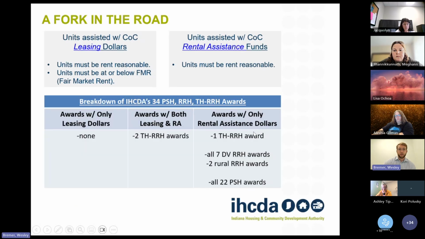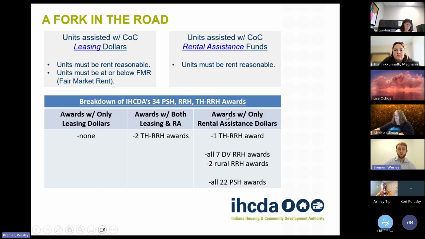So I just wanted to give you a little visual of the sub-recipients, and my apologies. There are some HUD direct recipients on here, and they are part of the Indiana balance of state too. So I regret that this graphic does not also include them.